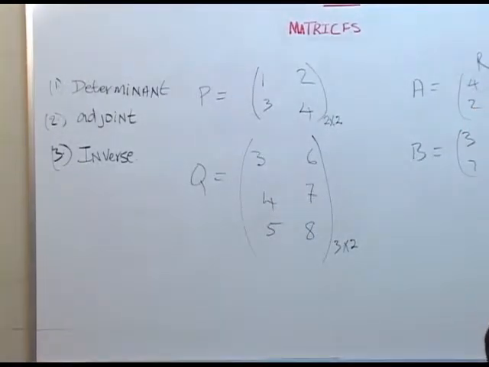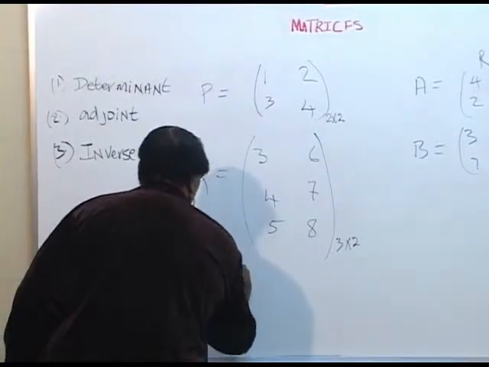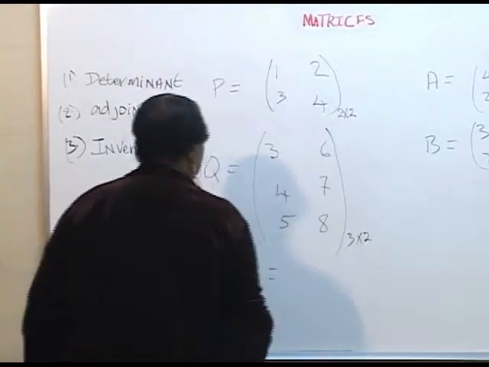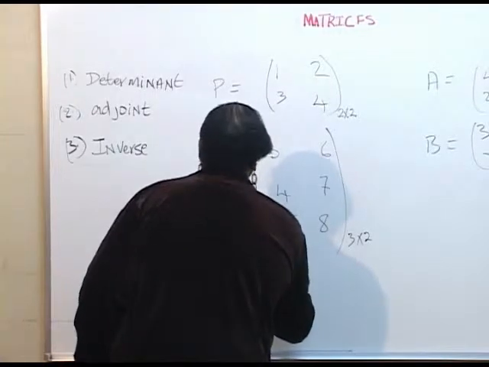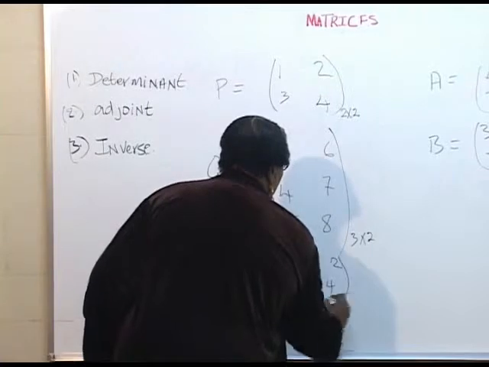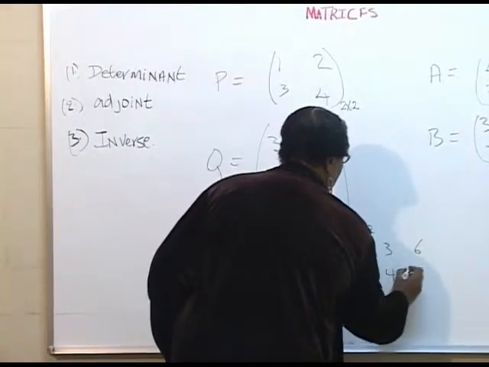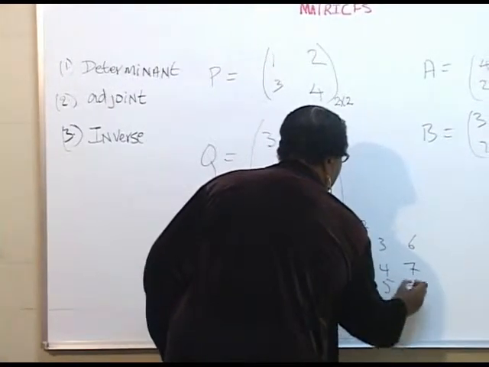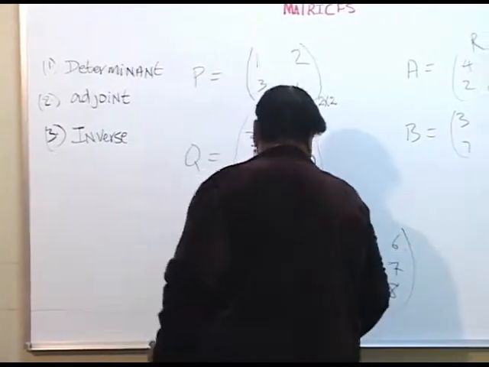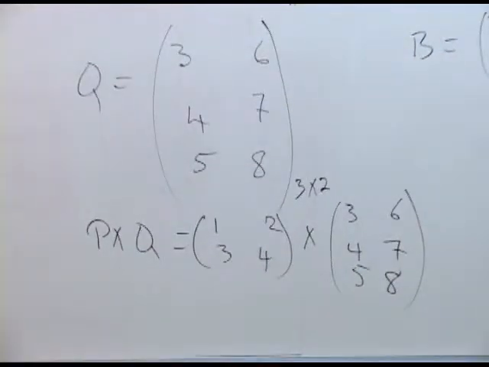Can we do the multiplication for this? If I wanted to multiply P times Q, what would happen then? From our first matrix we have 1, 2, 3, 4, times 3, 6, 4, 7, 5, 8. What is the problem here, Elizabeth?